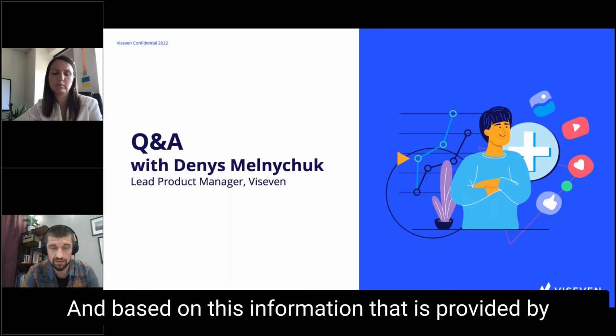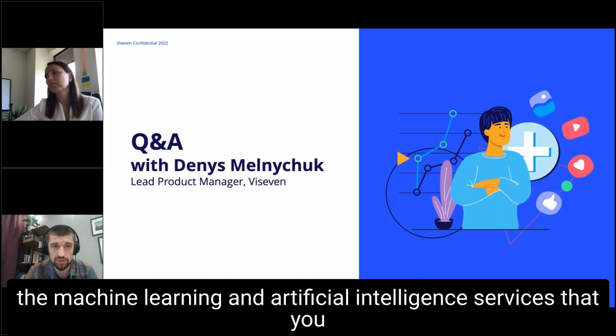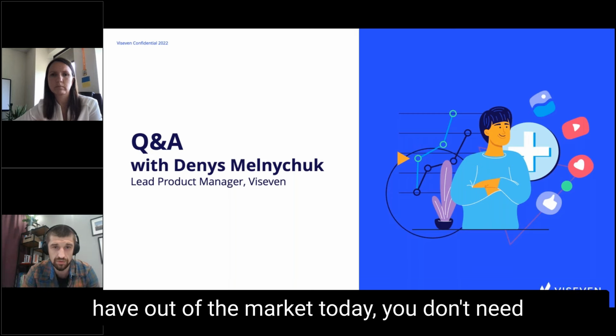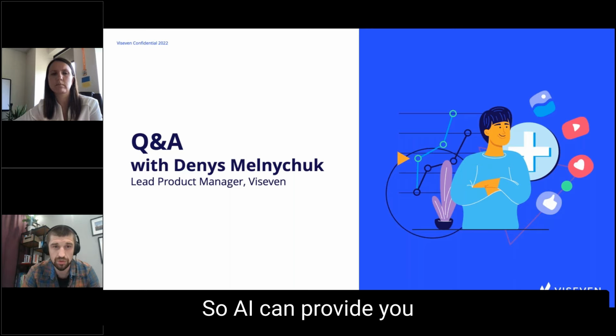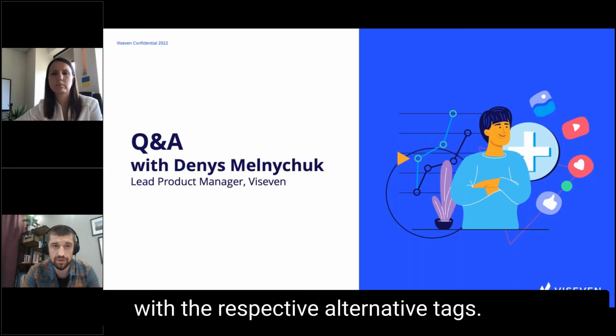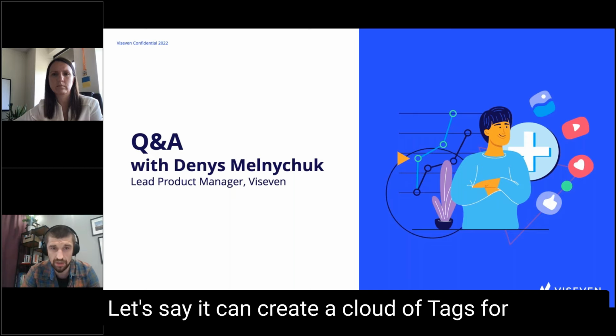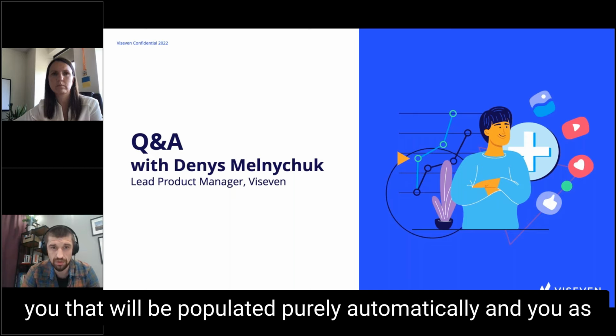Based on this information provided by the machine learning and artificial intelligence services available on the market today, you don't need to specify all the details about an image anymore. AI can provide you with the respective alternative tags. It can create a cloud of tags for you that will be populated purely automatically.